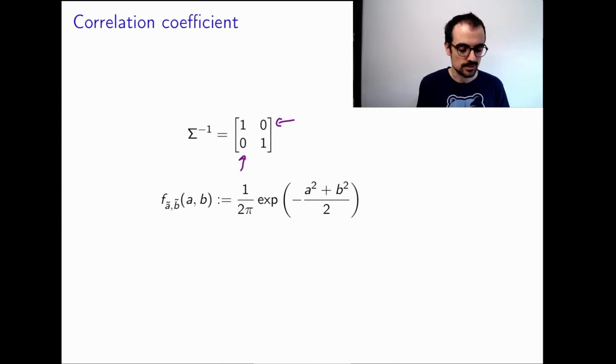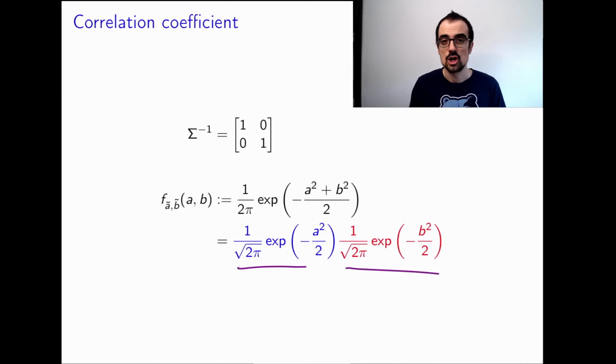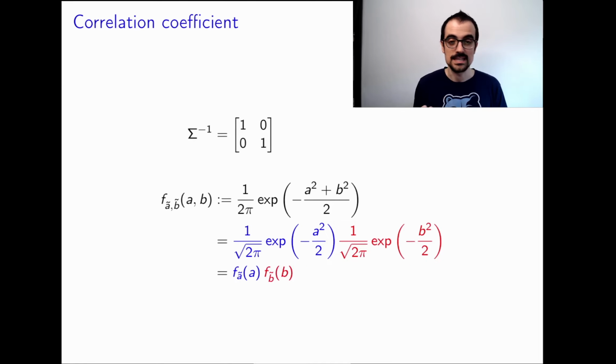Because there's no cross term, we can just separate this into two terms that are clearly equal to the marginals of A and B. So the joint PDF factorizes exactly into the product of the marginal PDFs, showing you that in the case of Gaussian random variables, uncorrelation implies independence.